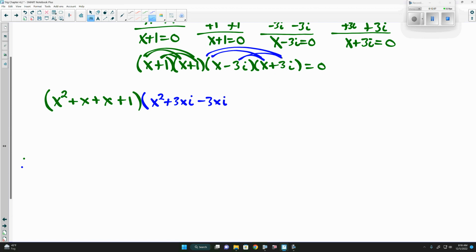And 3i times 3i is going to be negative 9i squared. Whole thing equals 0 still. Questions on this here so far? This is how I would do it, especially if I have even pairs. I'll go on and start doing pairs of 2 and working this out. Otherwise, it's going to take way longer to try to do these just 2 at a time, working all the way through.